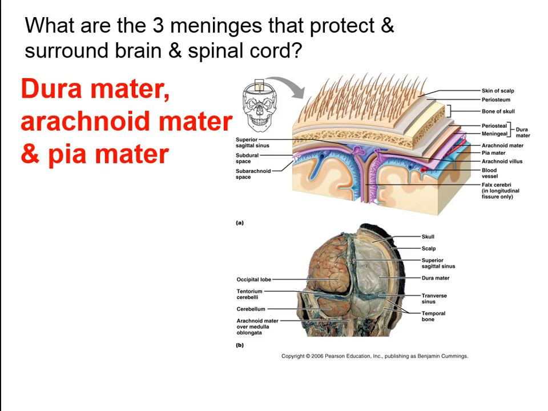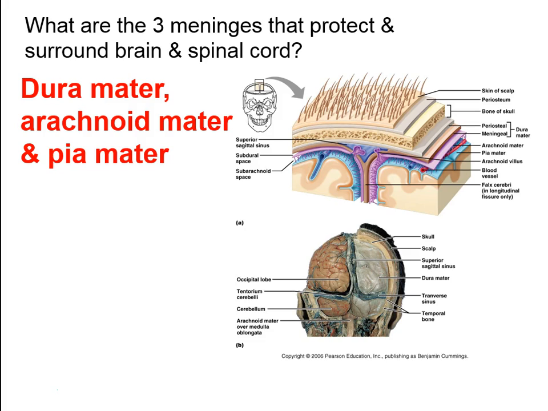Now, your brain is surrounded by the cranial cavity. It's in the cranium, so the bones help protect the brain, but you have some other ways to protect the brain and spinal cord. There are 3 membranes that surround the central nervous system, and they are called meninges. The outermost meninge is the toughest one. It's very thick in comparison to the other ones. It's called the dura mater, which is Latin for tough mother.